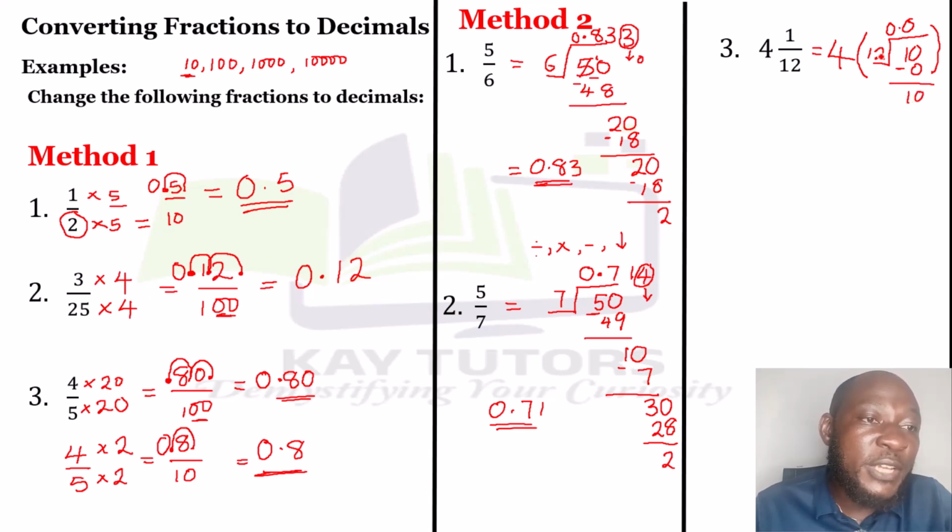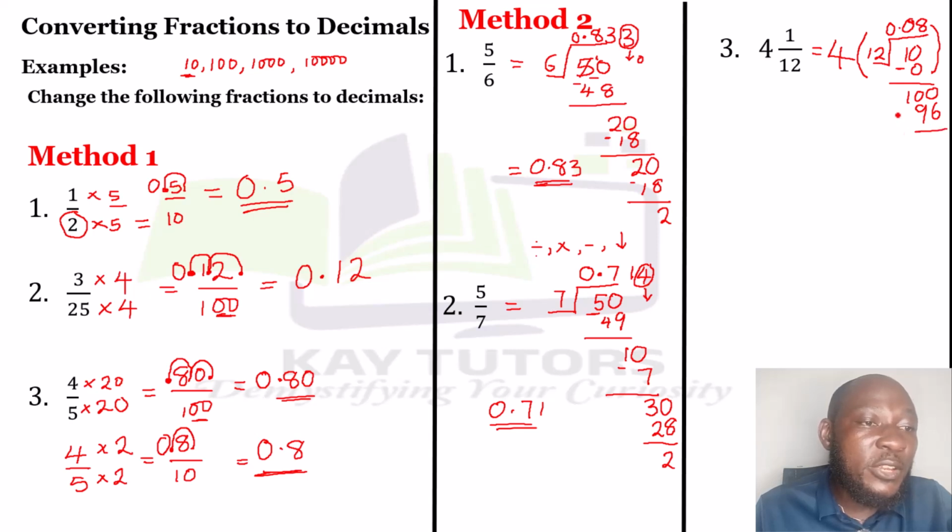12 cannot go into 10, but you already have a decimal point there. So what will you do? You add another 0 here, right? So what are we going to do now? You're going to divide 100 by 12, which is 8. 8 times 12 is 96. So now you will subtract.